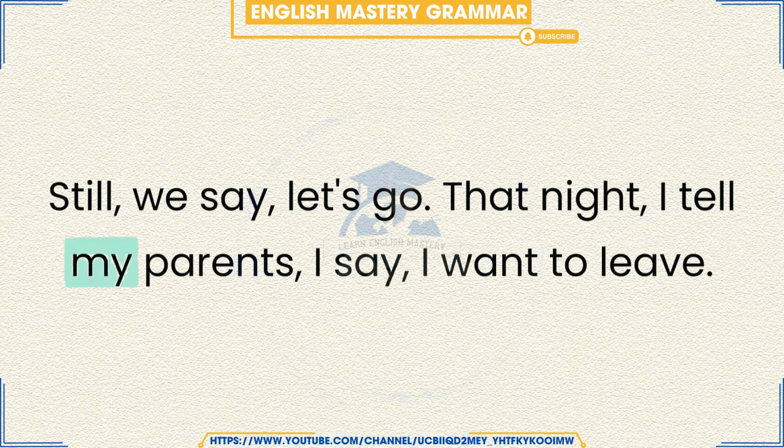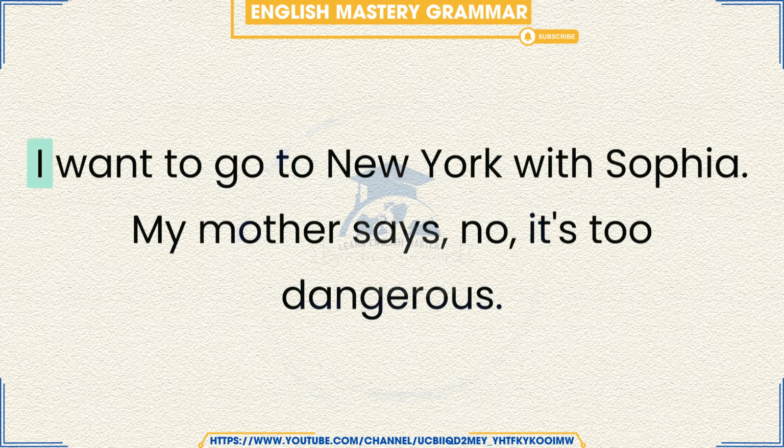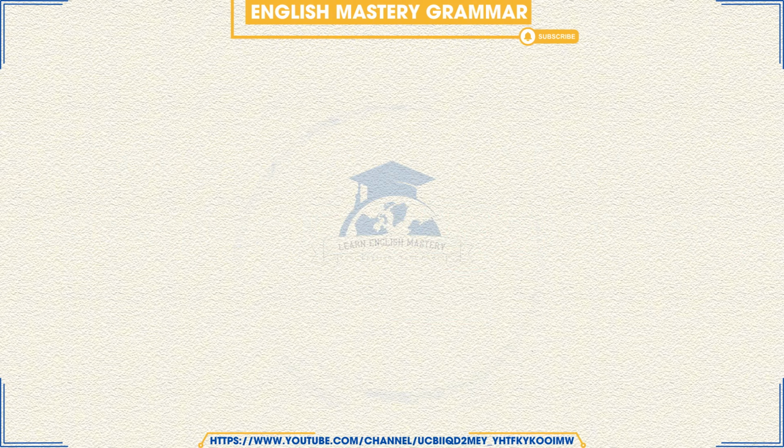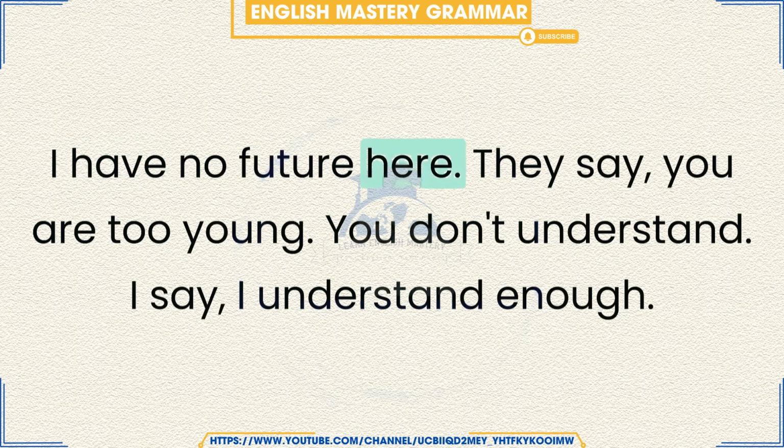That night, I tell my parents, I want to leave. I want to go to New York with Sophia. My mother says, no, it's too dangerous. My father says, you don't know what can happen. I say, I know. But I can't stay here. I have no future here.